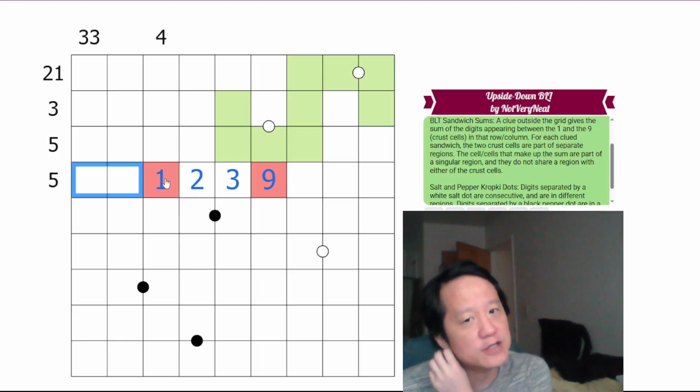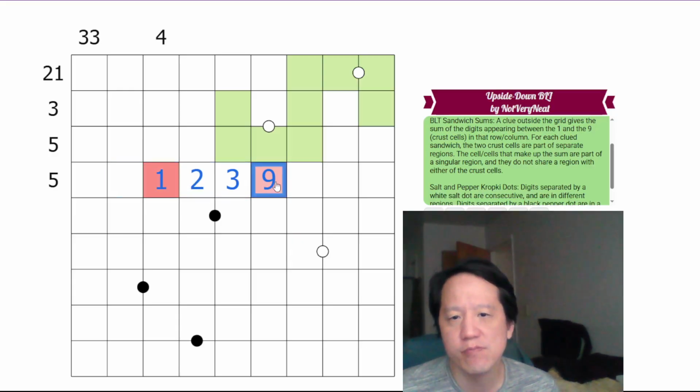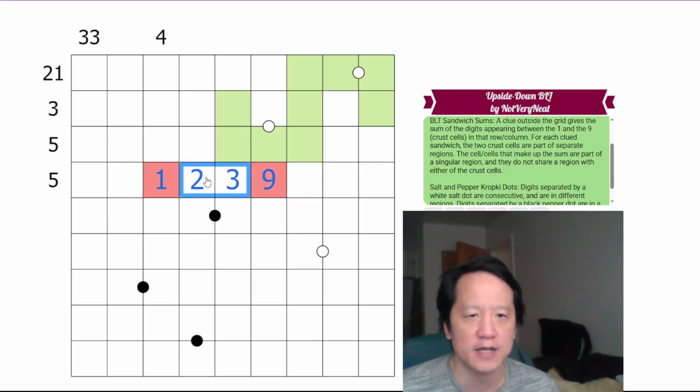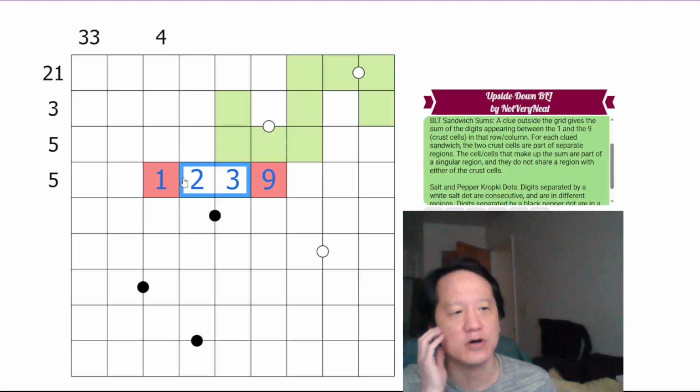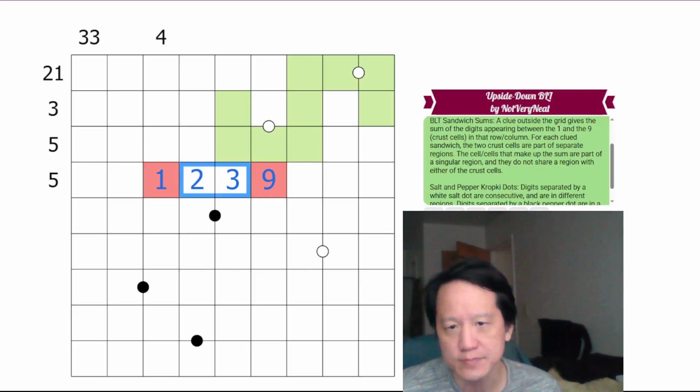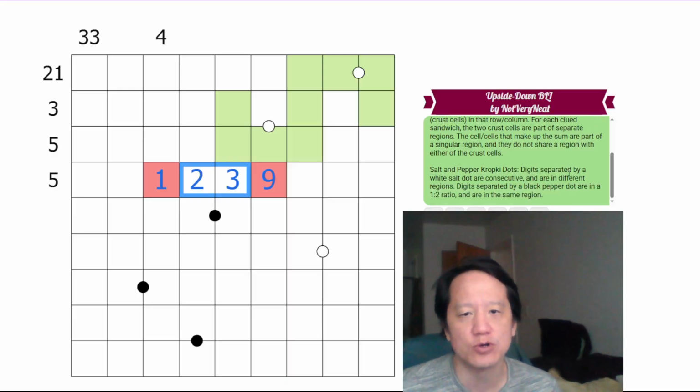And we have the chaos construction rule sets for these. Again, the crusts must be different regions, and the digits that make up the sum between the 1 and the 9 are in a completely separate region, but they are all in the same region. So that is how BLT sandwich sums work.